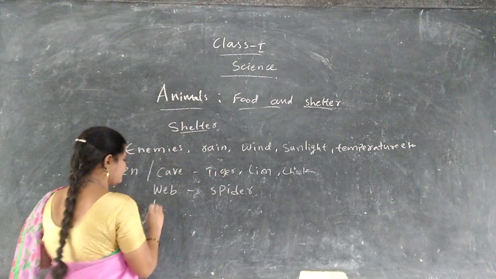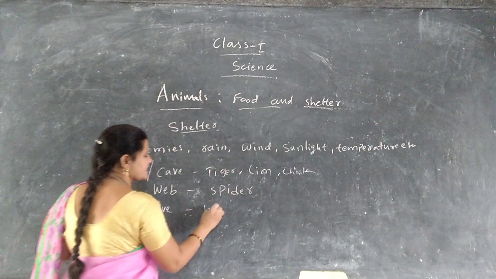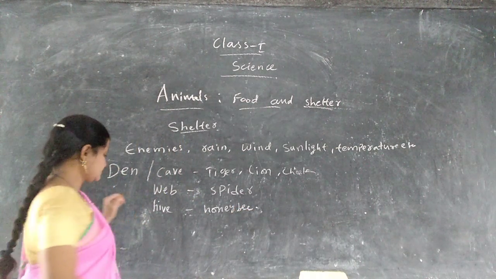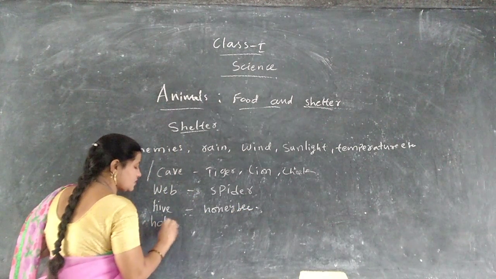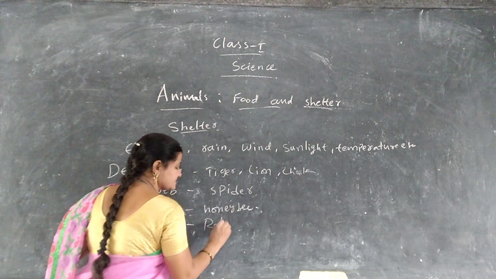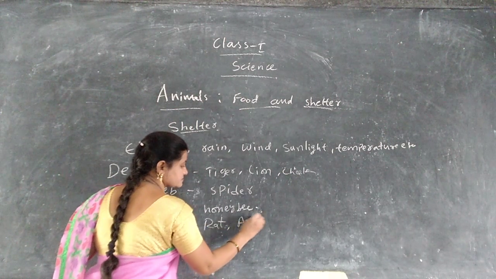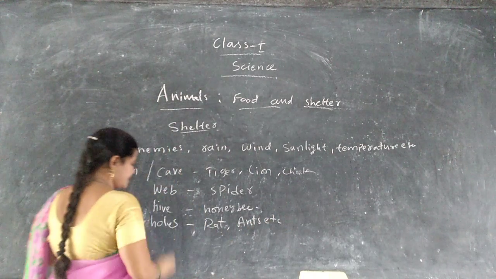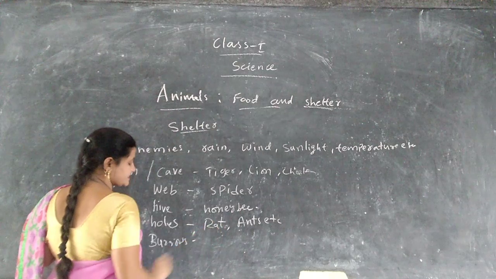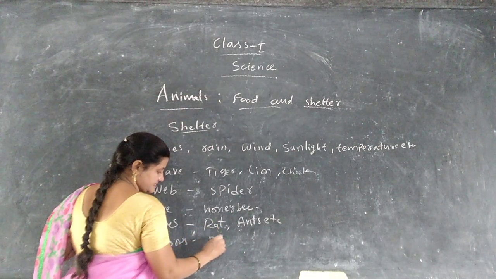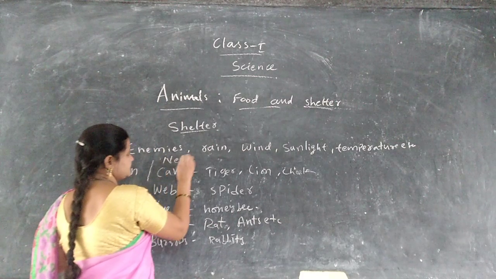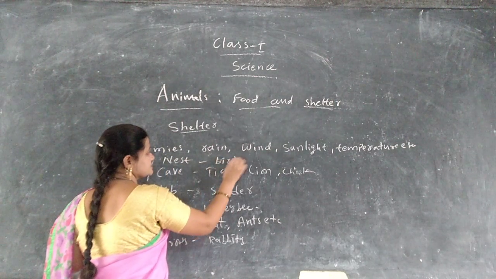Next, a hive is a shelter for honeybees. Next, holes in the soil are shelter for rats, ants, etc. Next, burrows are shelter for rabbits, and a nest is shelter for birds.